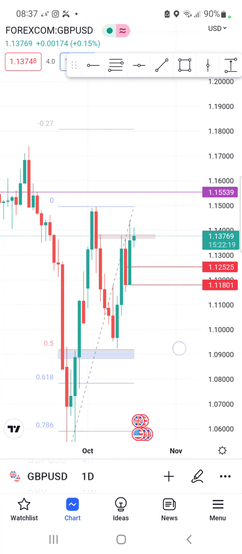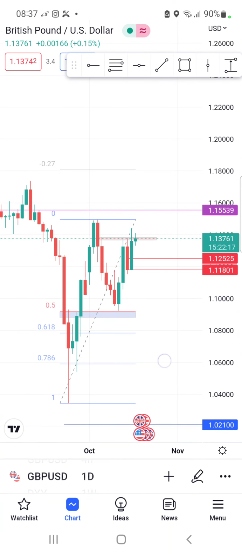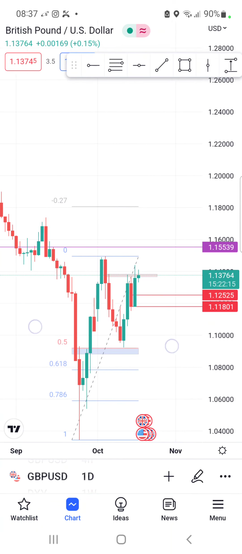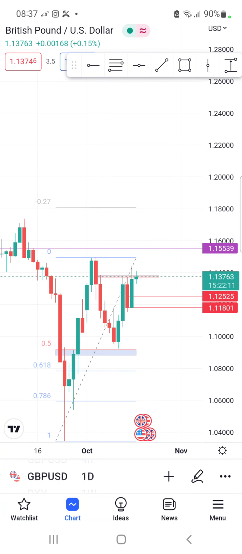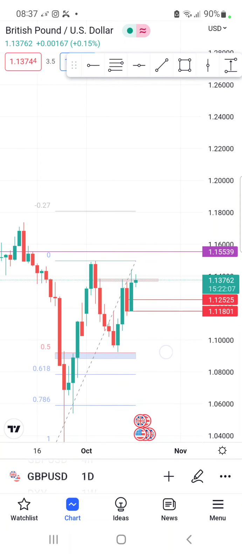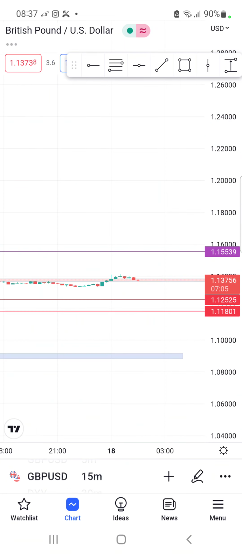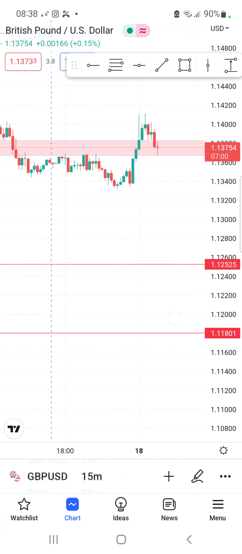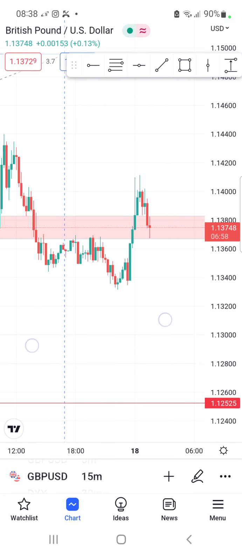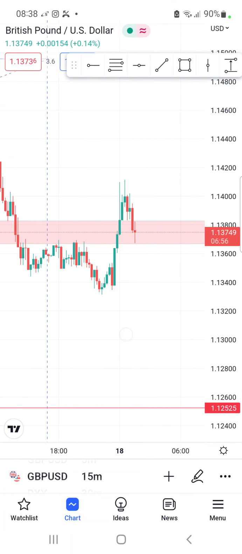So that is my trading style when I'm doing intraday trading. Whenever I'm expecting a bullish day like today, I usually view my charts on the 15 minutes time frame.